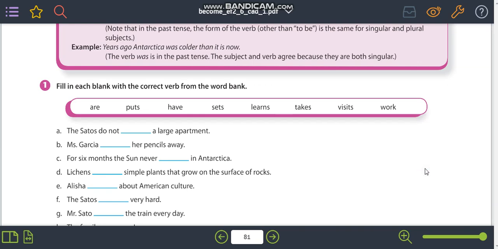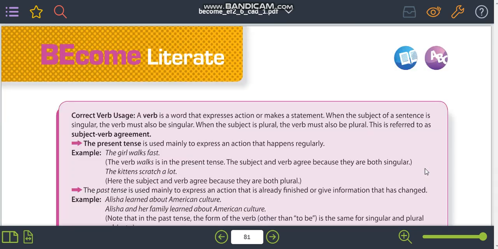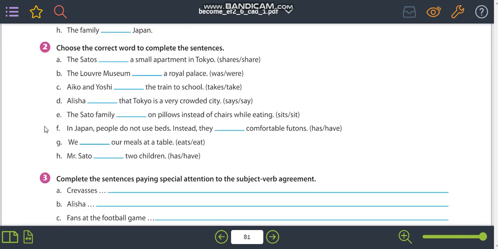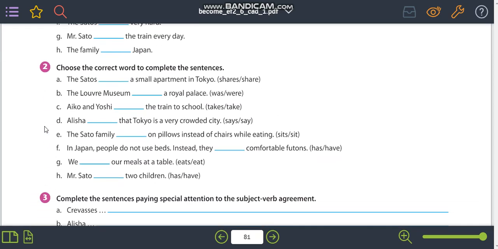Now we are going to continue to exercise number 2. Choose the correct word to complete the sentences. Once again, the Satos, a small apartment in Tokyo. The Satos, plural form.